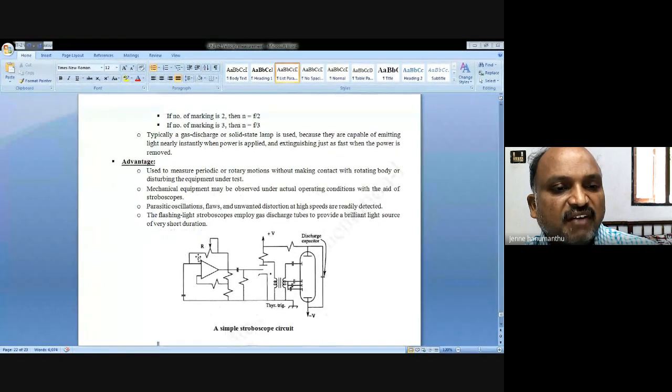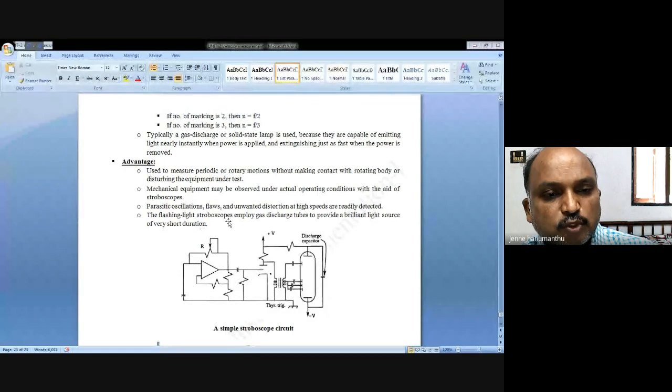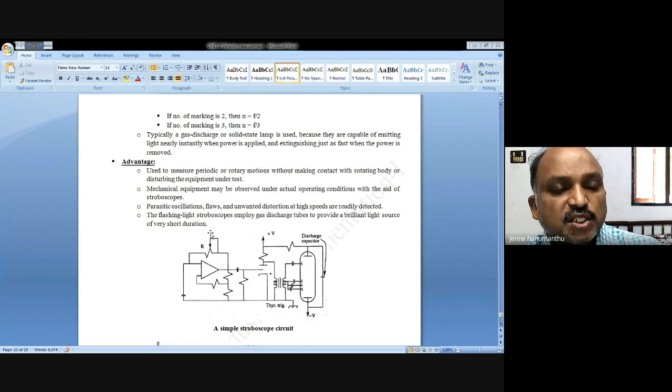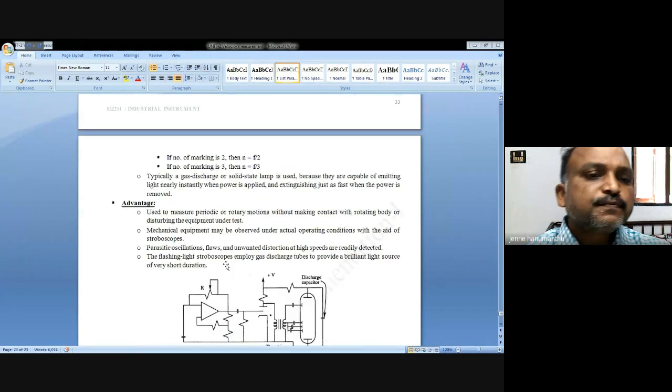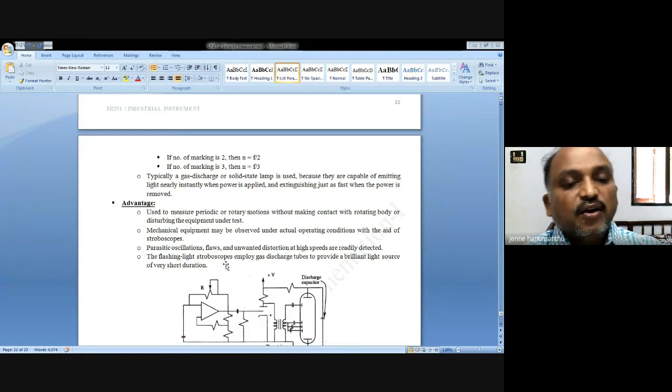Next advantage, flashing light stroboscopes employ a gas discharge tube to provide a brilliant light source of very short duration. So this stroboscope is very important on the industrial side where you want to measure the unknown velocity of moving objects, moving bodies.